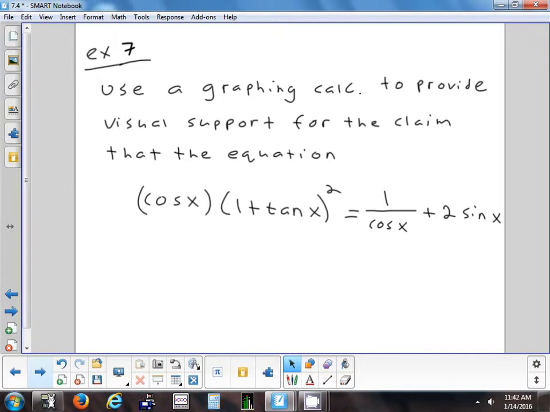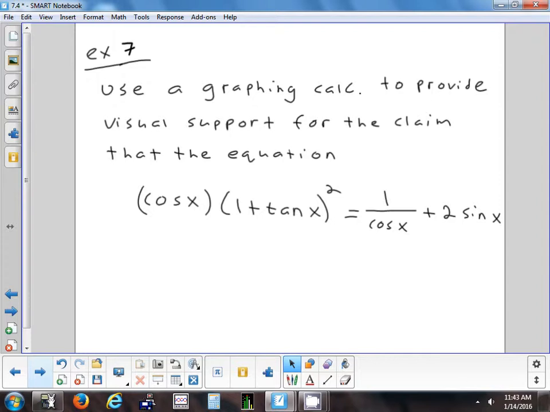If you graph what's on the left and what's on the right, and you get two totally different pictures, and you typed everything correctly, then you know they're totally different. Don't even bother trying to prove that they're true. So if you had a question that said prove if possible, that's where you want to take your calculator, graph each side, and see if they look the same before you start proving it.